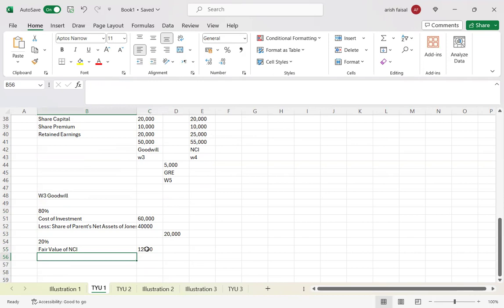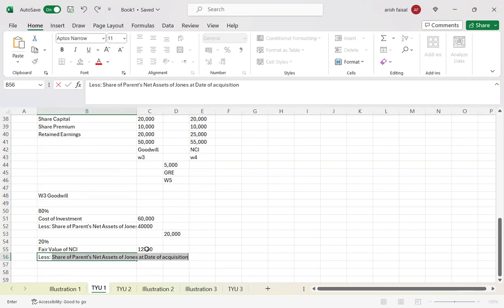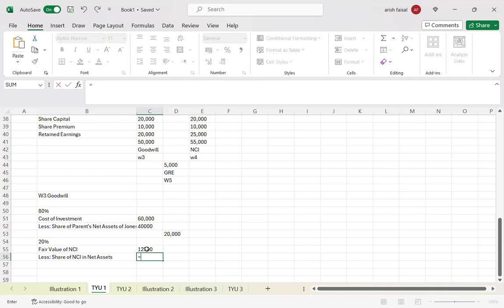And likewise, we will also compare the NCI share in the net assets. So less share of NCI in the net assets. So that's going to be 50,000 into 0.2. 40,000, 80% belongs to the controlling part, and the other 10,000, which is 20% of 50,000, belongs to the NCI.